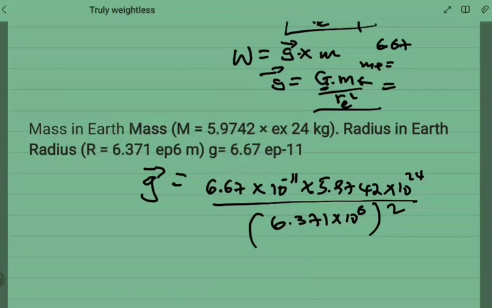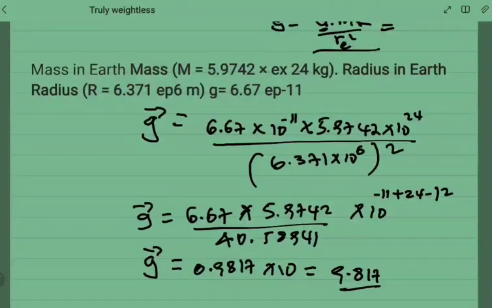So the acceleration due to gravity g is the universal gravitational constant times the mass of the earth divided by the radius of the earth squared. Substituting the values, g is equal to 6.67 times 10 to the power of minus 11 times 5.9742 times 10 to the power of 24 kilograms, divided by the radius of the earth squared, 6.371 times 10 to the power of 6 squared. Calculating this, g is 6.67 times 5.9742 divided by 6.371 squared, that means 40.58941 times 10 to the power of minus 11 plus 24 minus 12.